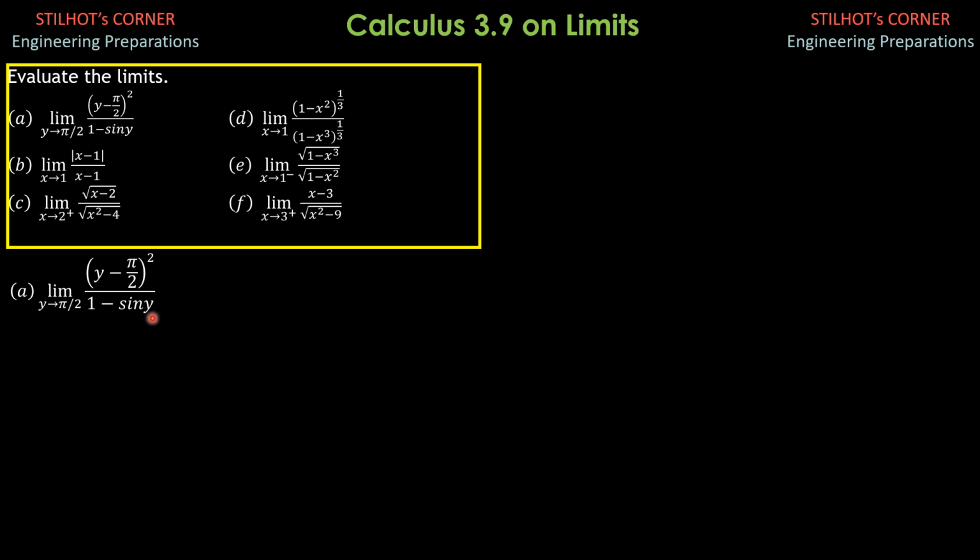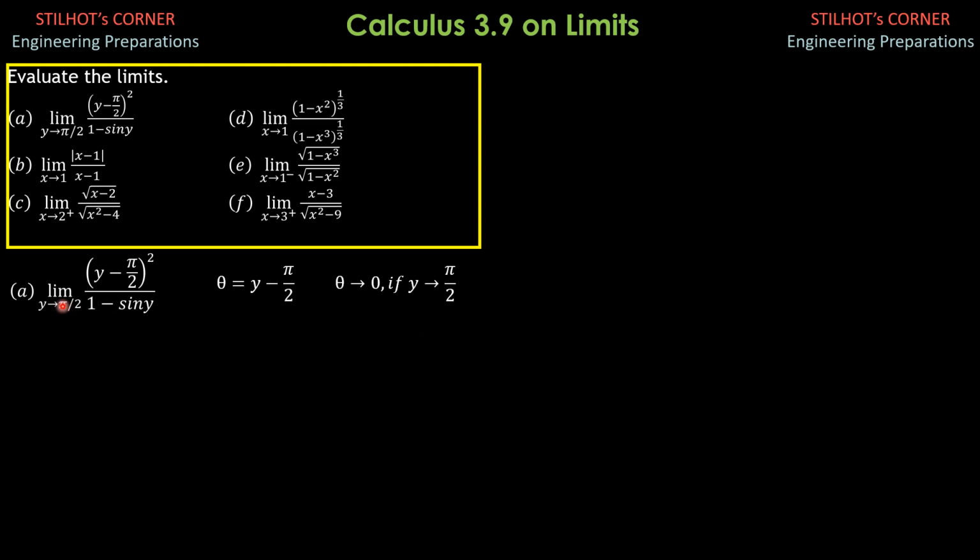To get rid of that indeterminate form, let's replace y minus pi over 2 by theta. Note that as y approaches pi over 2, theta approaches 0.